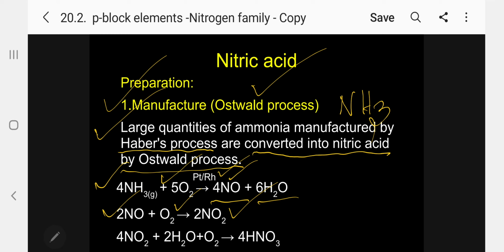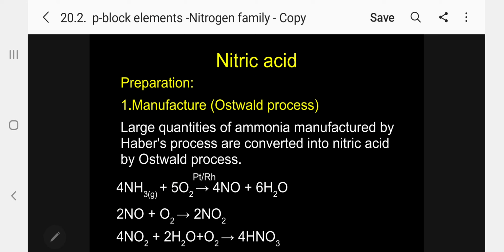So, the 4NO2 reacts with 2 moles of water and 1 mole of oxygen, converted finally into 4 moles of nitric acid. Kindly follow. So, this is the 3-step process. We are getting nitric acid.